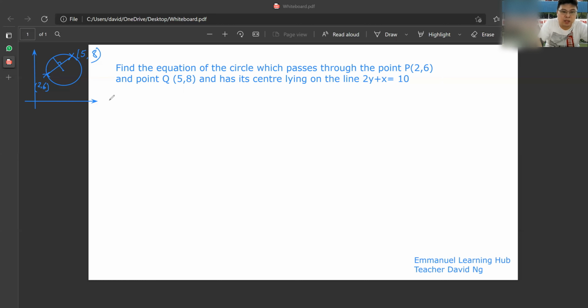So first thing, you have to find the midpoint of the chord for these two points P and Q. Okay, that's the midpoint. So the midpoint is here.